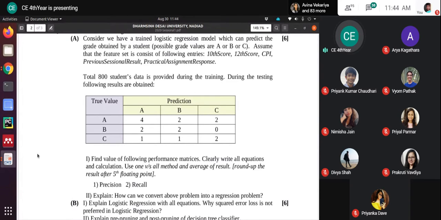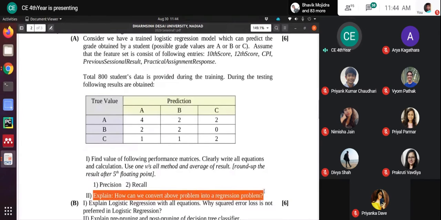Right. And I don't know whether you forgot this second question and don't know what the answer should be, but many of you attempted only the first question, calculating the precision and the recall, and for the second question, many of you left it and just considered the first one.